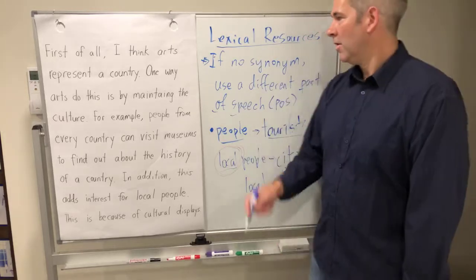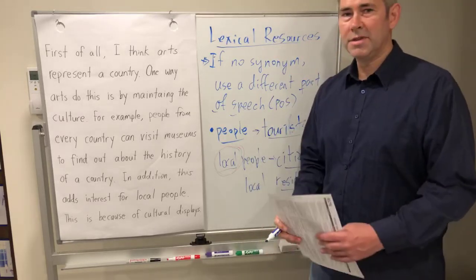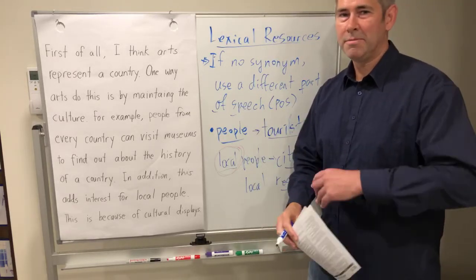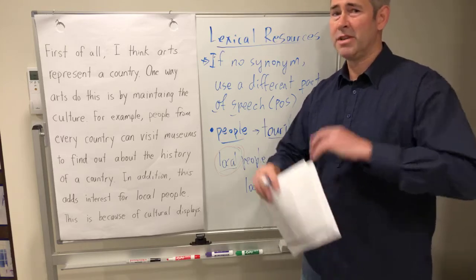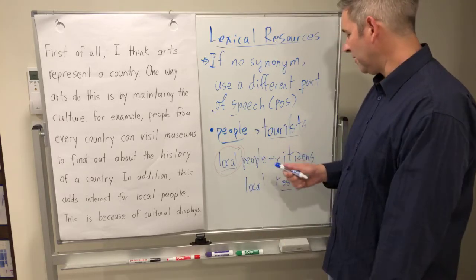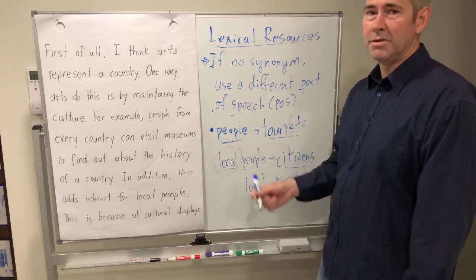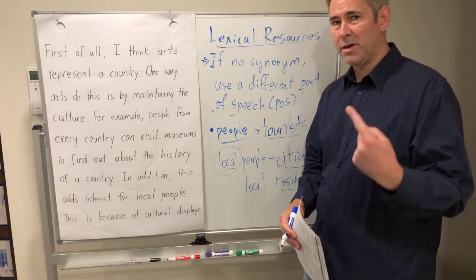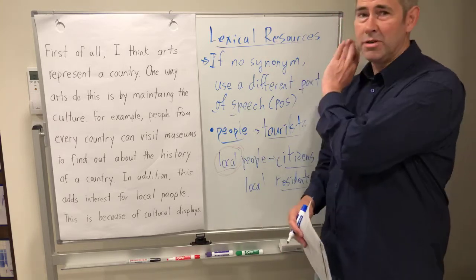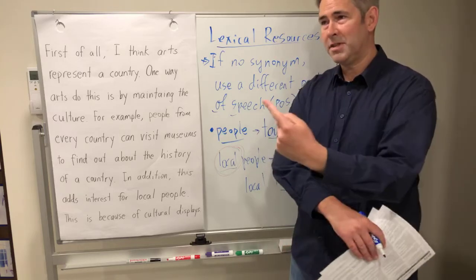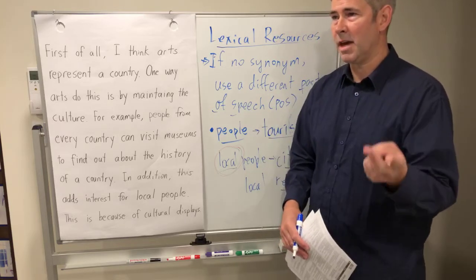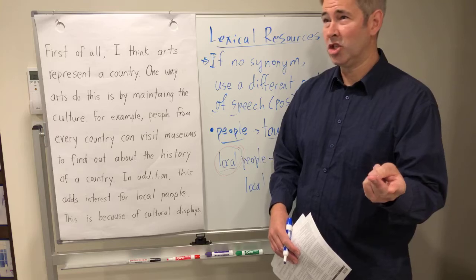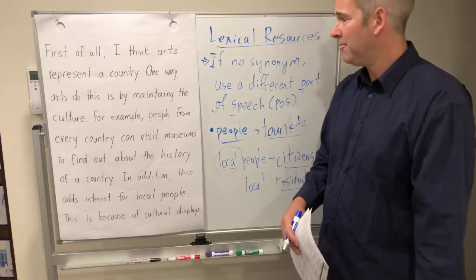So, lexical resources or vocabulary, your main aim is just to try to use a wider range of vocabulary. So, here are some ways that you can do that. And again, focus on those keywords which are going to be used throughout the essay. Off the top of my head, those were government, the arts, and spending or money.